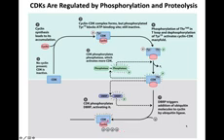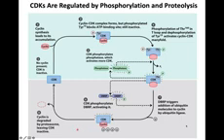When attached to another protein, it's recognized by the degrading machinery of the cell, called the proteasome. Once the cyclin-dependent kinase cyclin complex is ubiquitinated, as shown here, it is targeted for destruction by the proteolytic enzyme complex called proteasome, and as a result, cyclin is degraded. Now, this is the cycle by which cyclin-dependent kinases are regulated.